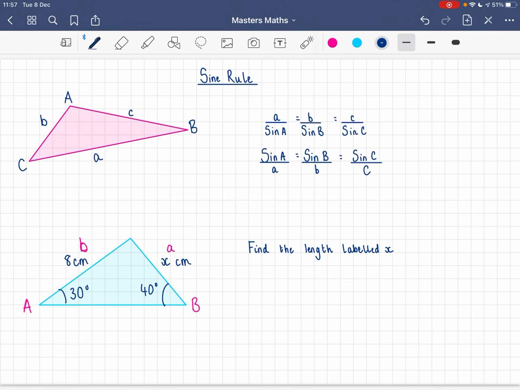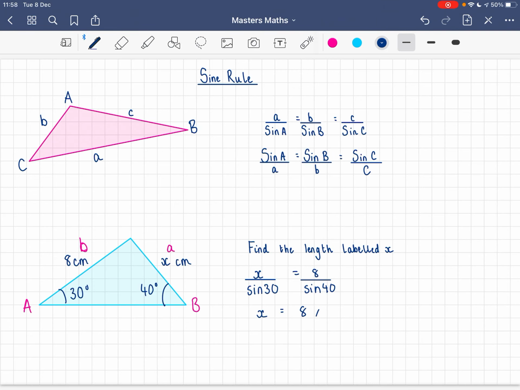I'm only going to use two parts of the equation, because that's all I need to find a missing side. So I have x over sin 30 is equal to 8 over sin 40. I need to do a little bit of rearranging to get x on its own.